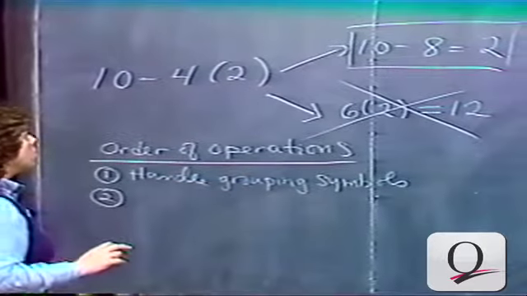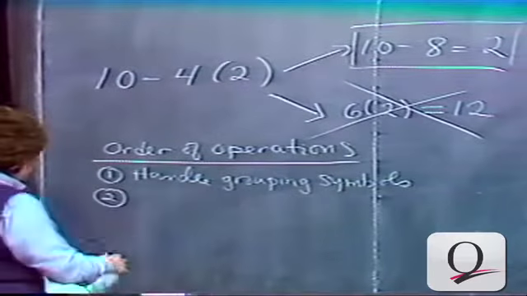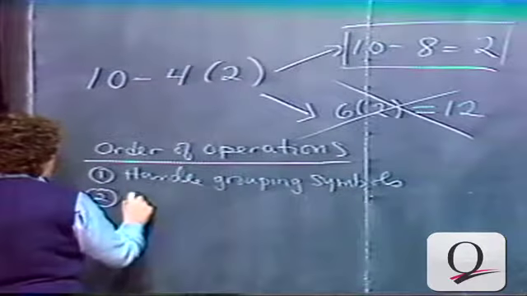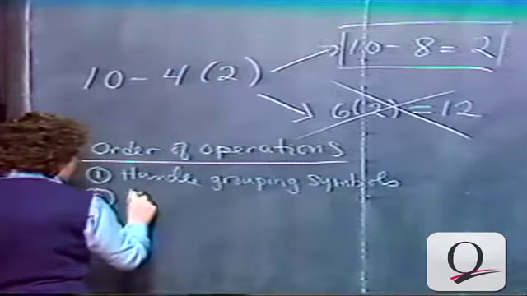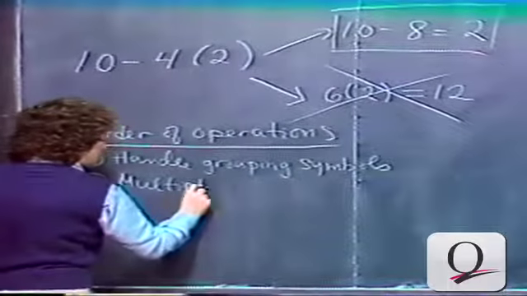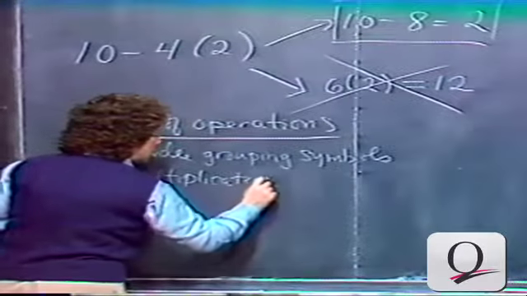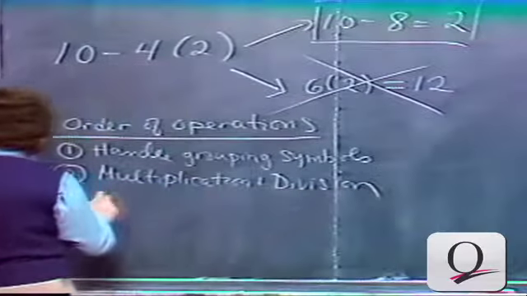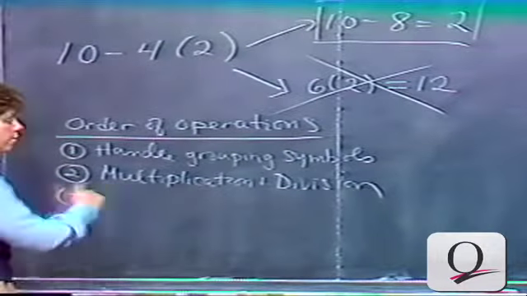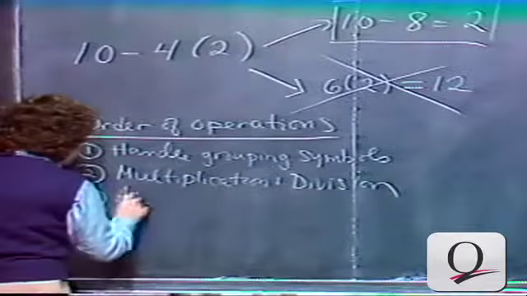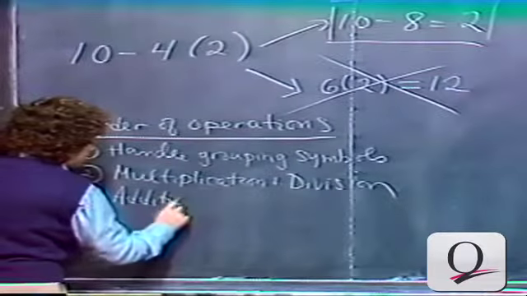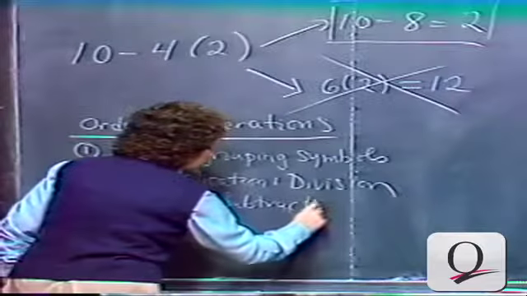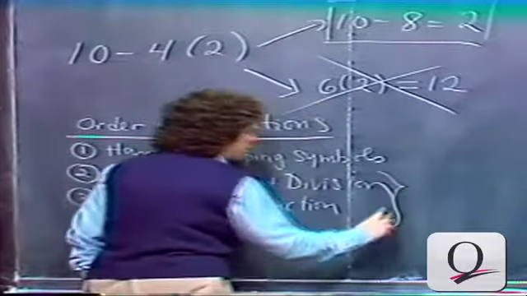Then we will, as we proceed from left to right, handle all multiplications and divisions. And then finally, we'll go through again, proceeding from left to right, handling the additions and subtractions. And these, remember, we're going from left to right.